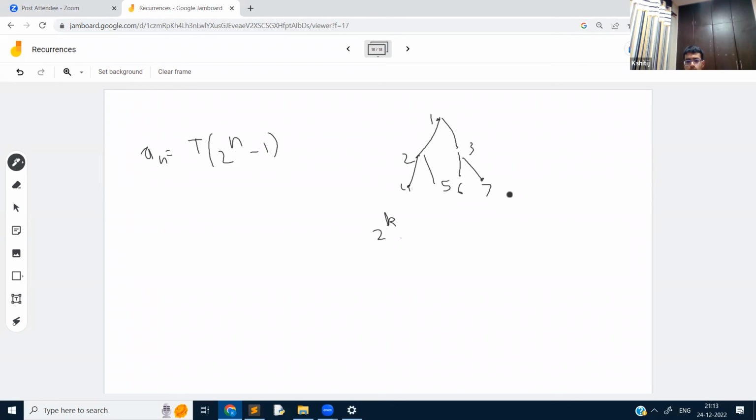Each level k will have the nodes from 2 to the power k to 2 to the power k plus 1 minus 1. So did you all understand this, how it's a binary tree? Since it's a perfect power of 2 minus 1.